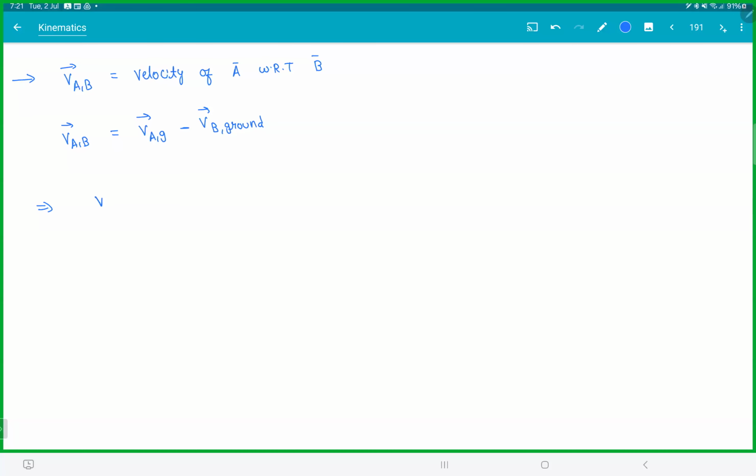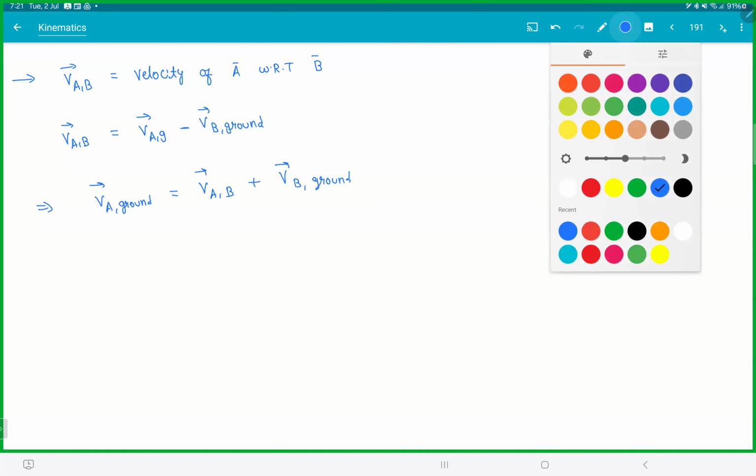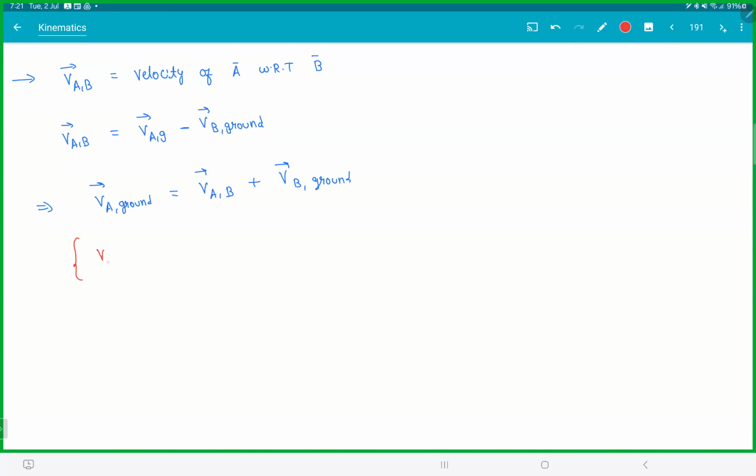This can also be written as velocity of A with respect to ground is velocity of A with respect to B, I'm just shifting it that side, plus velocity of B with respect to ground. Think of that example: velocity of moon with respect to sun is velocity of moon with respect to earth plus velocity of earth with respect to sun.